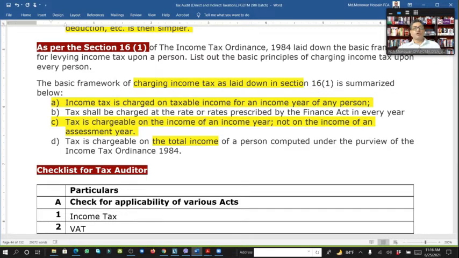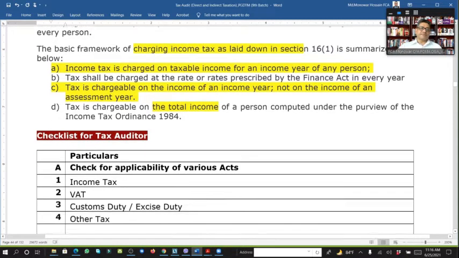We know there are 7 heads, 7 categories of income, and one person can earn from all 7 items. All items can be income of one person, and that should be within the total income. So tax is chargeable on total income as per the tax ordinance.